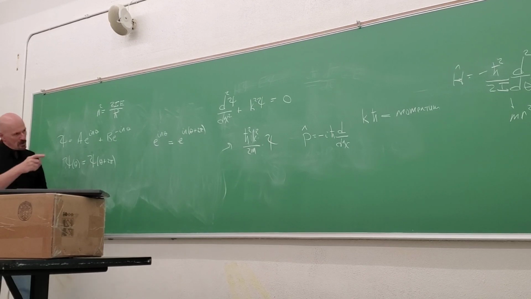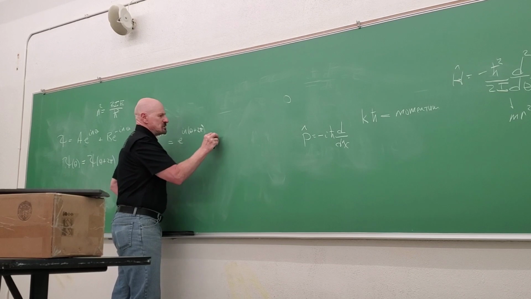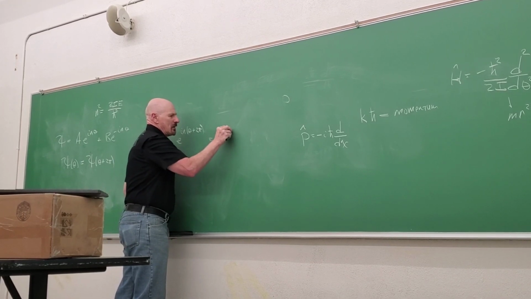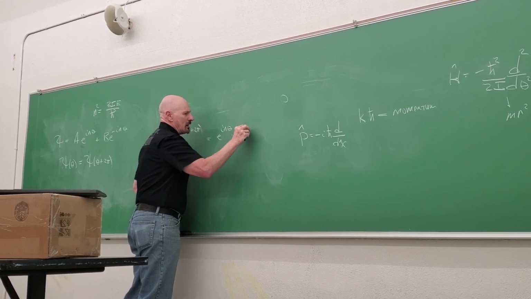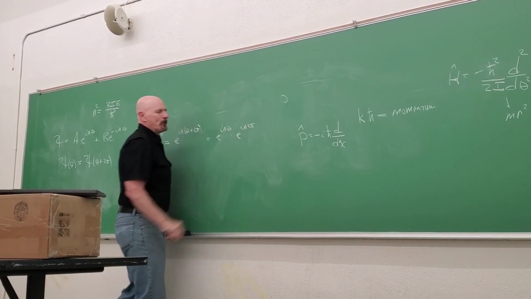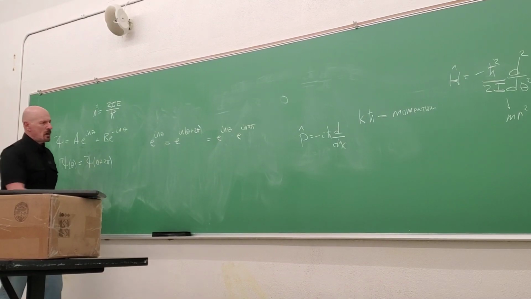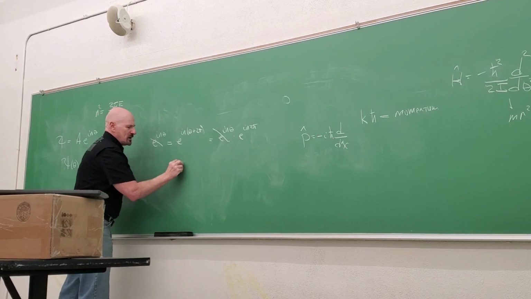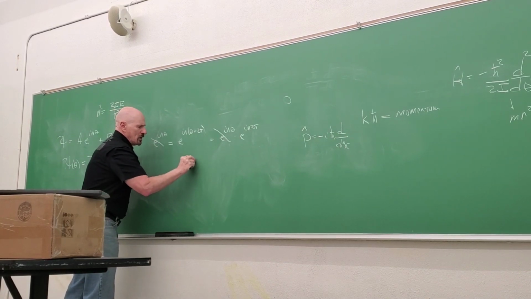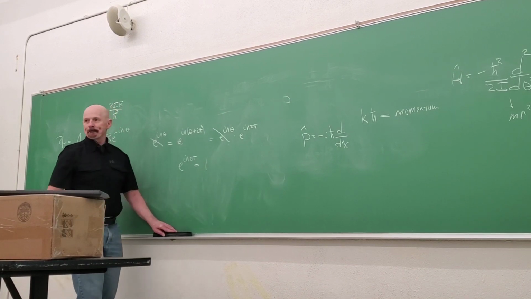The right-hand side can be broken up into e to the i n theta times e to the i n 2 pi. Follow me? So e to the i n 2 pi must be equal to 1.